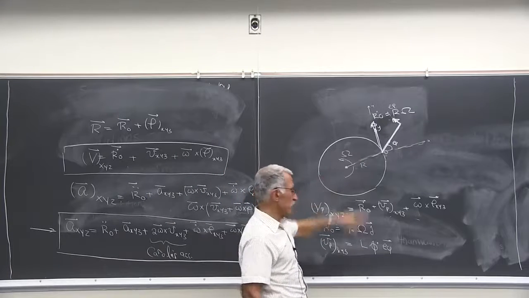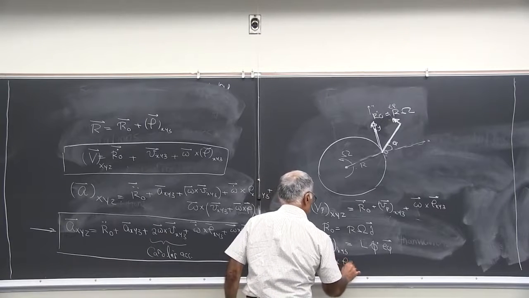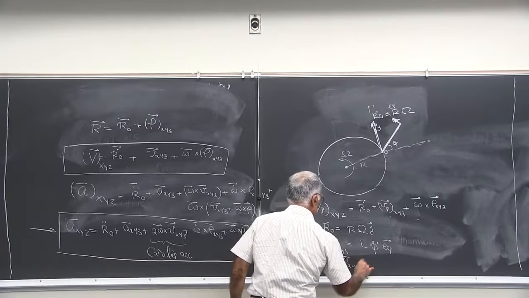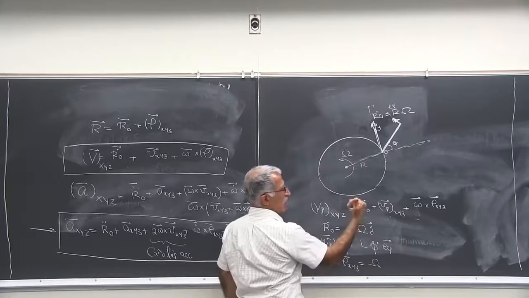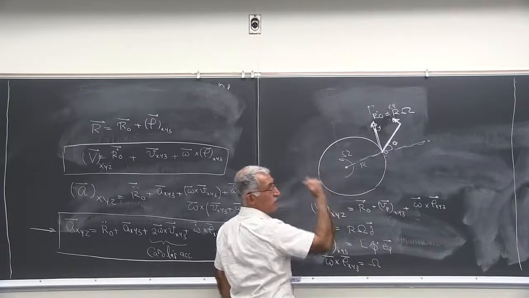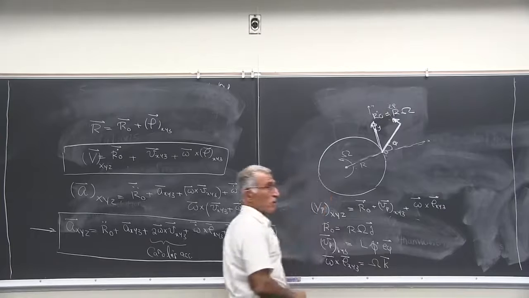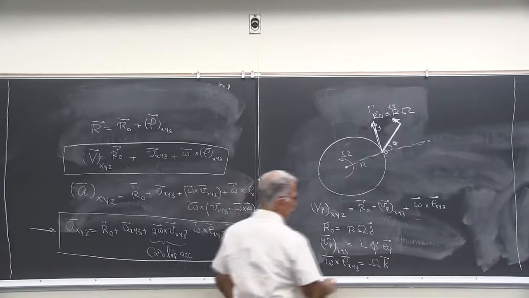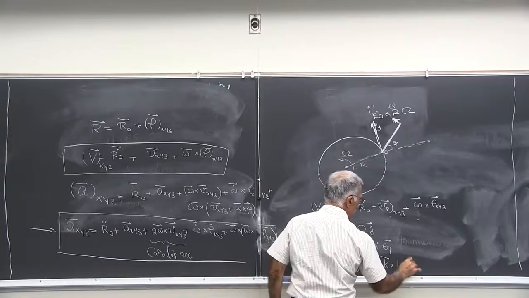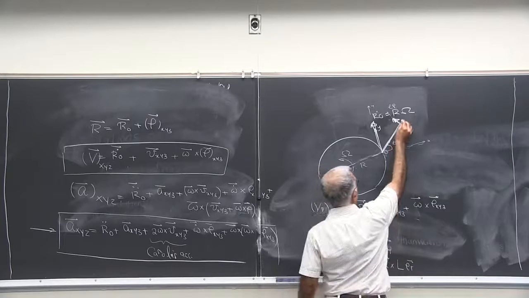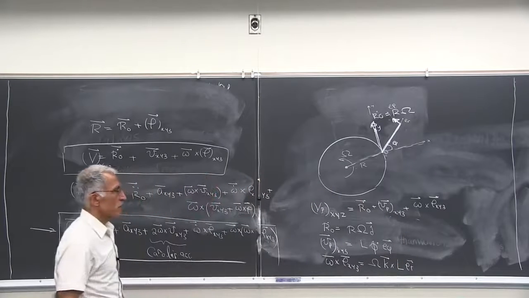So you do have another term, omega times rho xyz, and that becomes equal to omega, and you use your right hand and it is coming in the direction of capital K, normal to the blackboard, times rho xyz, and that is L ER.